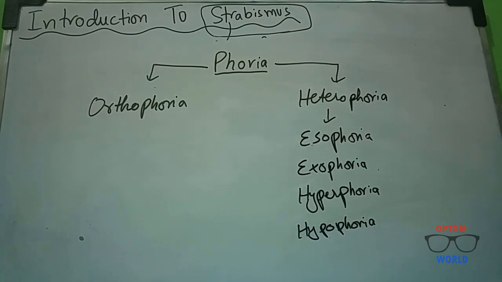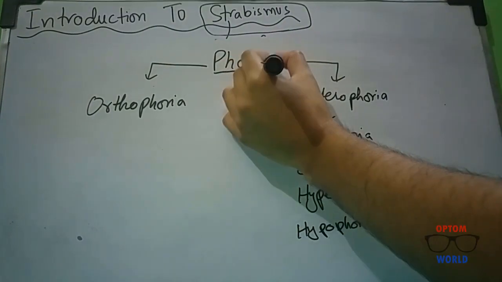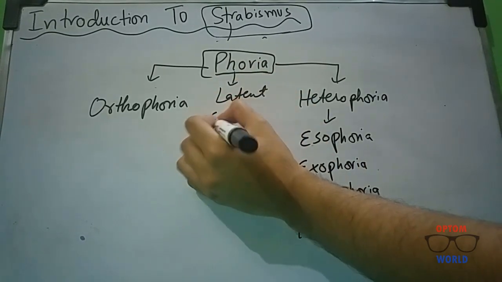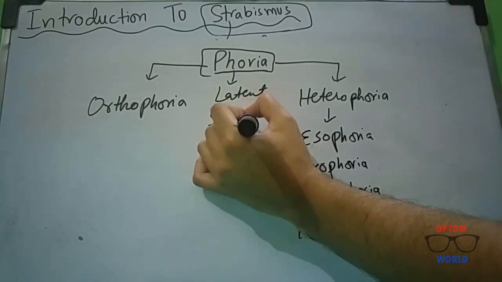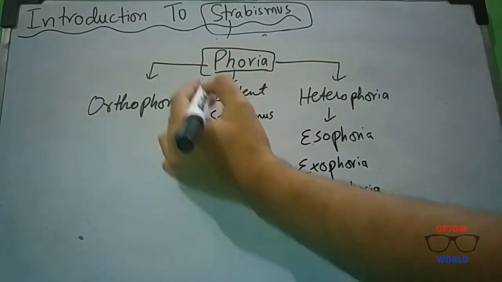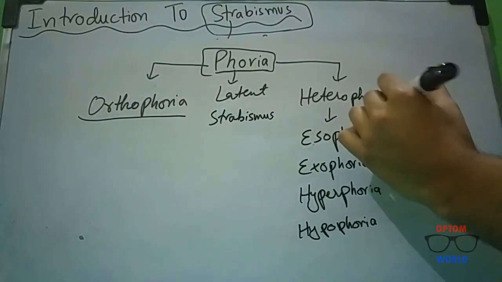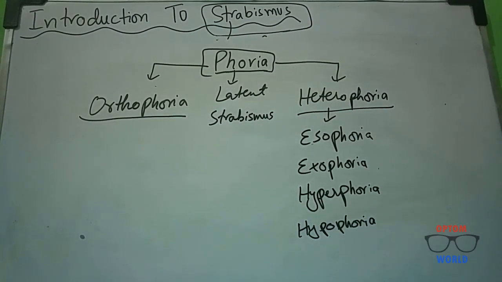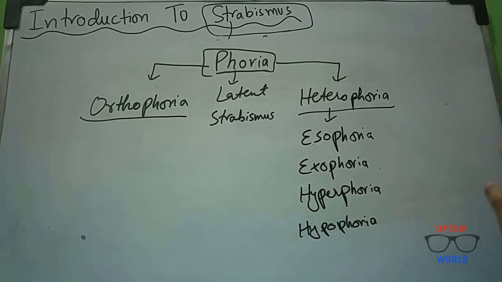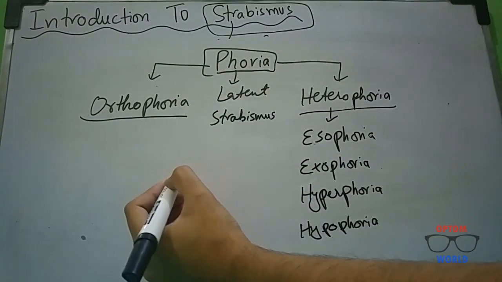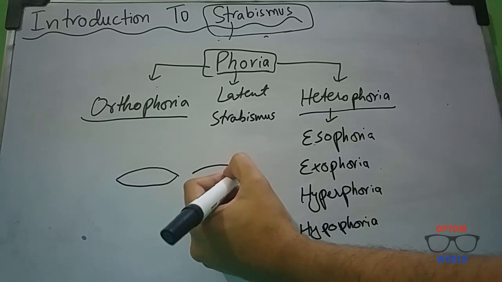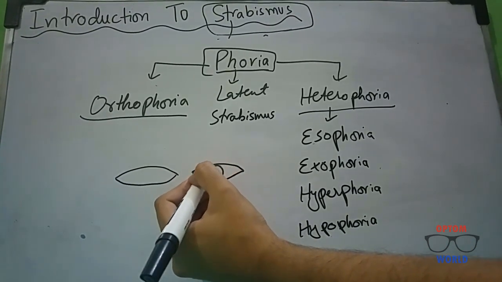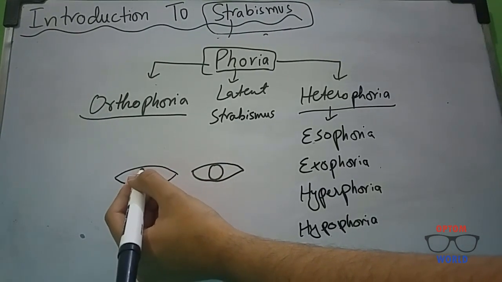Then there is another term which is known as phoria. It is also known as latent strabismus. It is divided into two categories, orthophoria and heterophoria. Heterophoria means that there is a tendency of the eye to deviate when fusion is blocked. For example, one eye is normal, the other is slightly outward.